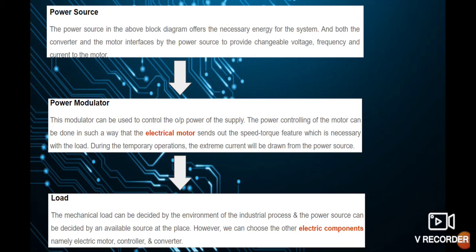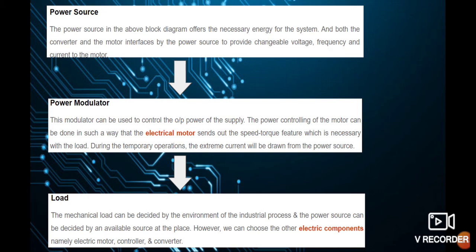That is, from the source we supply the voltage, current, and power necessary to provide the frequency for the drive to run the system. Or if we need to change the frequency, we will obtain that by varying the frequency from the power source.